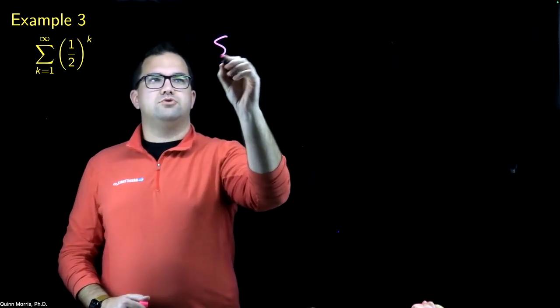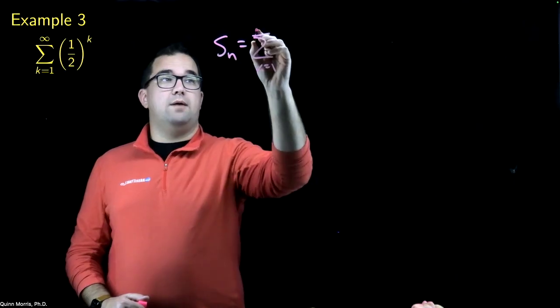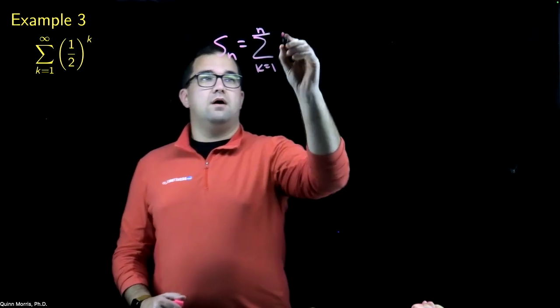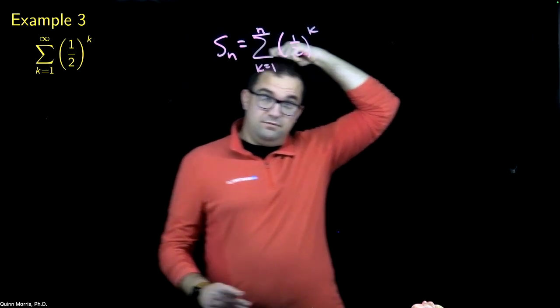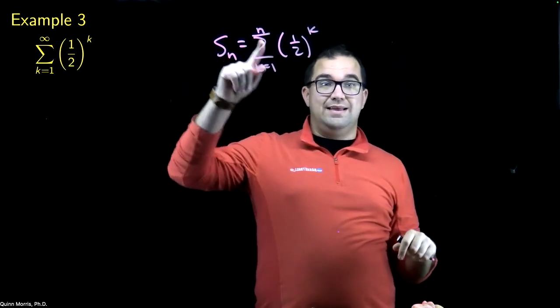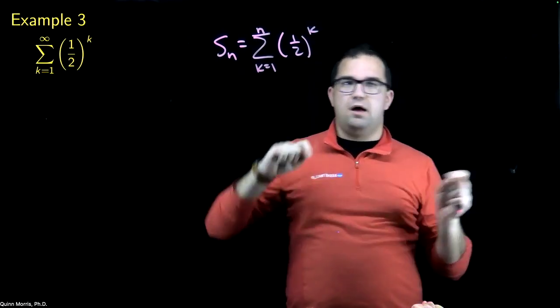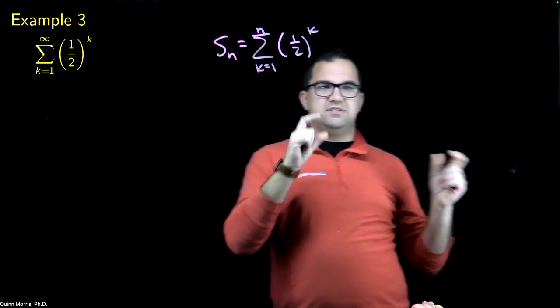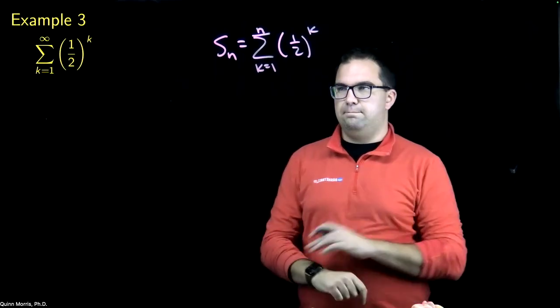The nth partial sum is just the sum k equals 1 up to n of 1/2 to the k. I just add up the first n terms. Now, this is really a sum, because it's finite. I can use all my normal properties of associativity, commutation, everything is nice here. This is a nice finite sum.